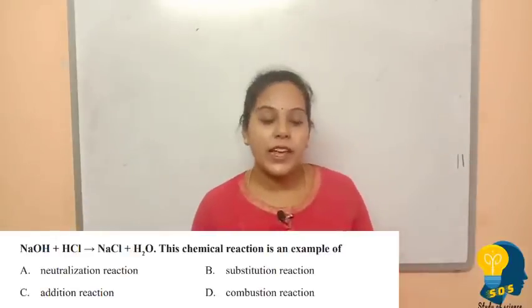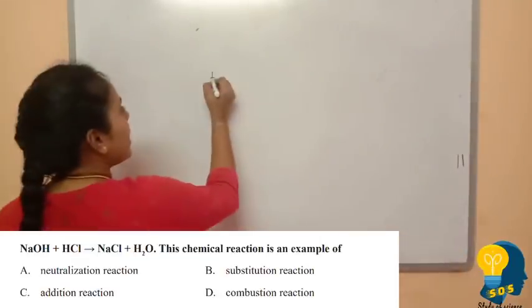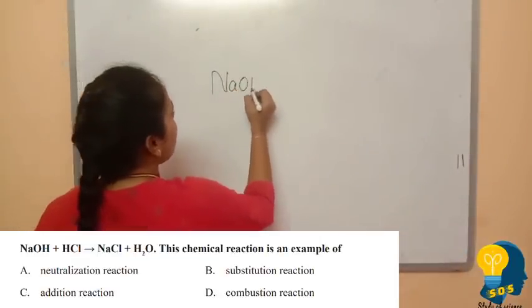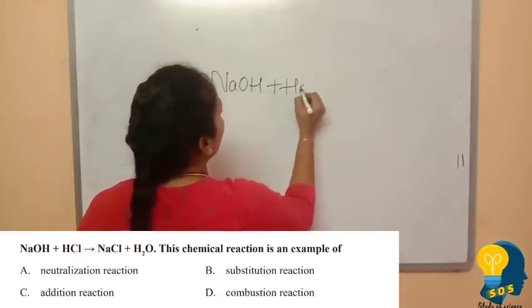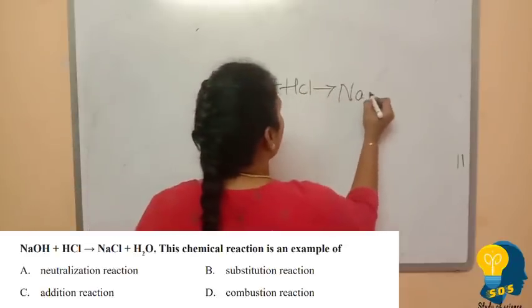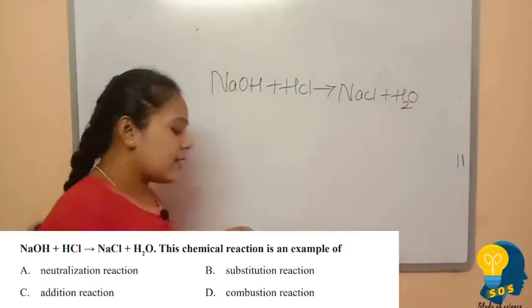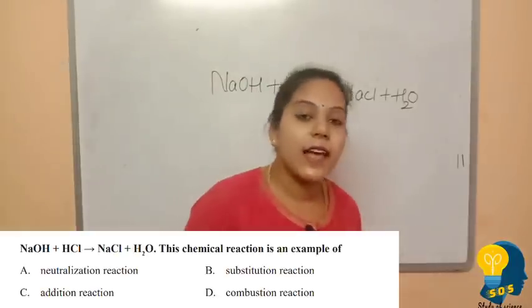Next question is NaOH plus HCl. I will write the equation. NaOH, that is sodium hydroxide, when it combines with the hydrochloric acid, gives rise to NaCl, that is sodium chloride, and water. The question here is, this chemical reaction is an example of.